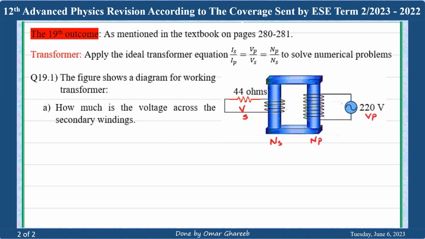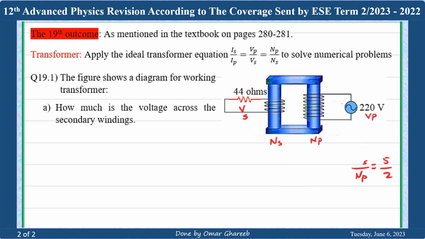Sometimes the question tells you NS equals 100, for example, NP equals 2000, or NS over NP equals 5 to 2. But this is not the situation in this question.